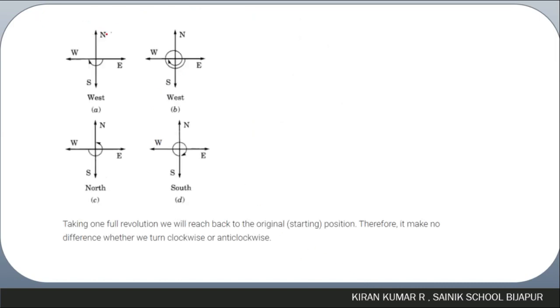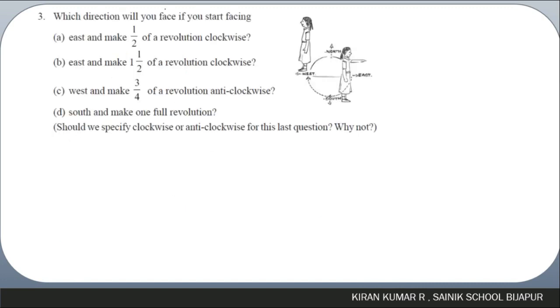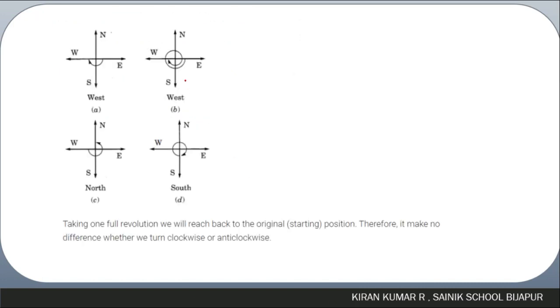We all know that north, south, east, west, these are the directions. In the first case we had half a revolution starting from east, so the person will end up at west. Next, starting from east, 1 complete revolution plus half a revolution clockwise, it again comes at west.